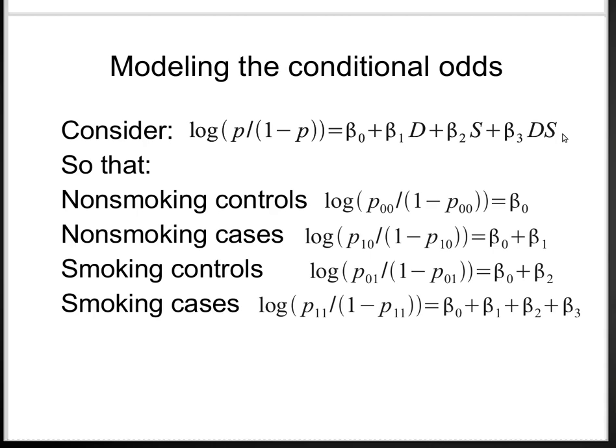In other words, beta naught now is the log of the odds of exposure for the non-smoking controls. Aha! Now we can do the same thing for the non-smoking cases. The smoking controls and then the smoking cases. Now you can see we now get all the possibilities.